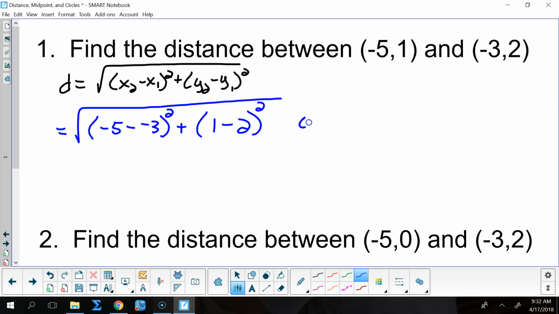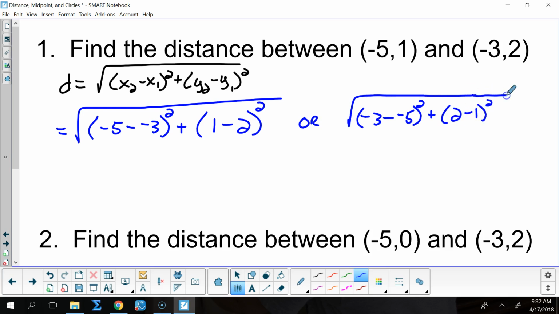Or I could go with -3 minus -5 plus 2 minus 1. I could go either order there. But if I use -5 first, I've got to use 1 first in the y's. If I use the -3 as the x first, then I've got to have 2 be the first one there.